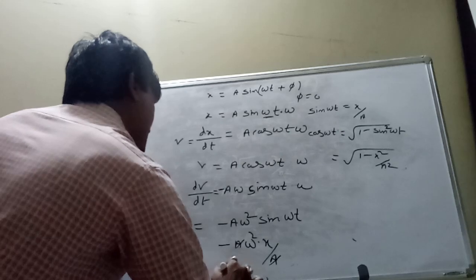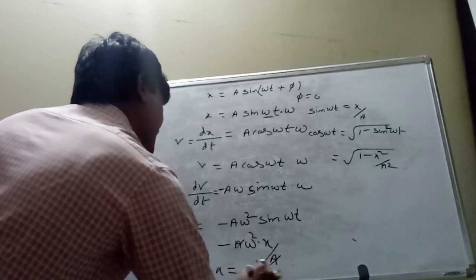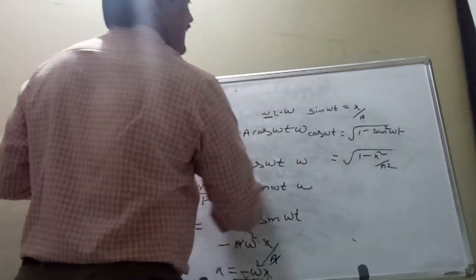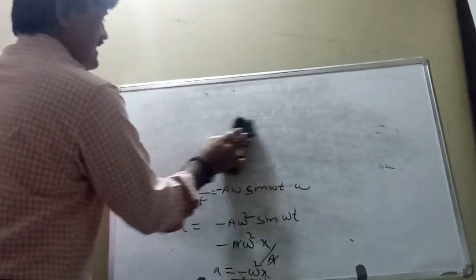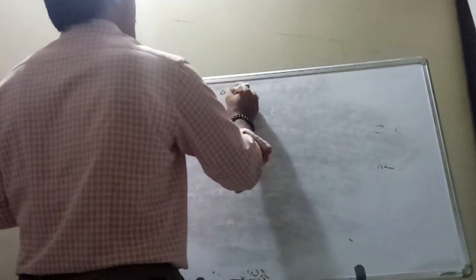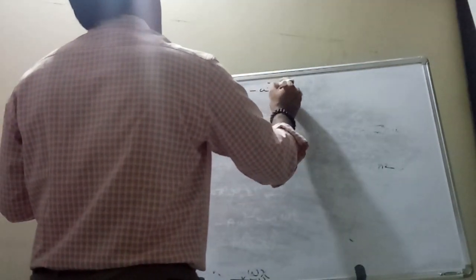So a = −ω²x. That is the acceleration equation.